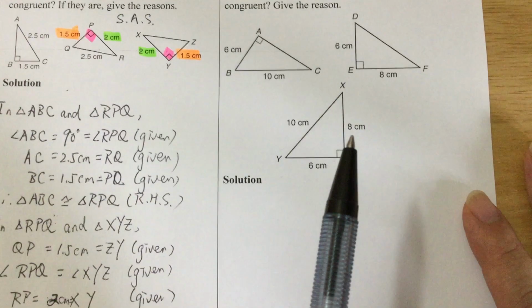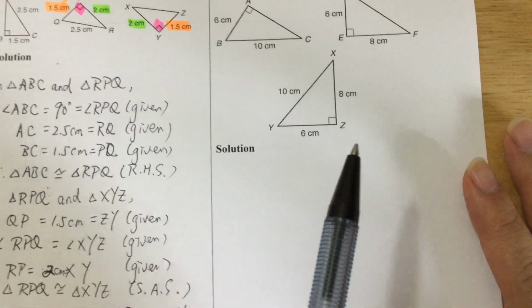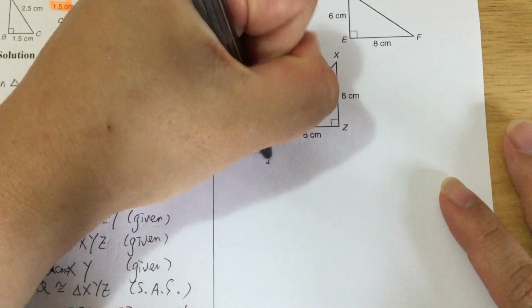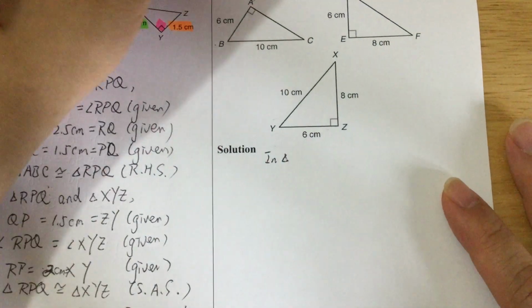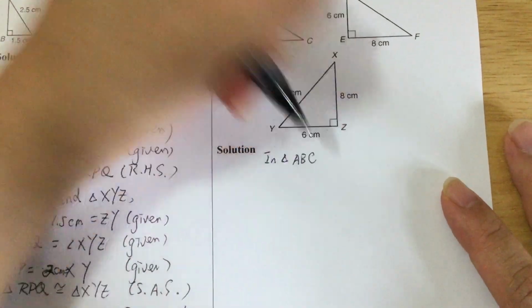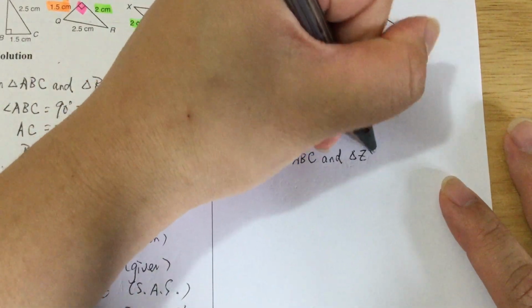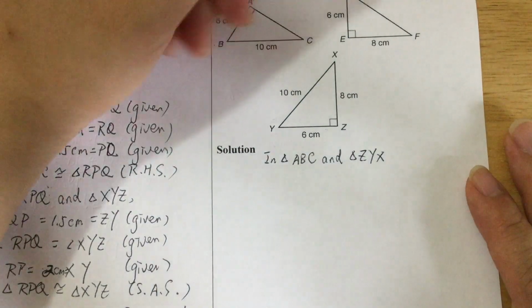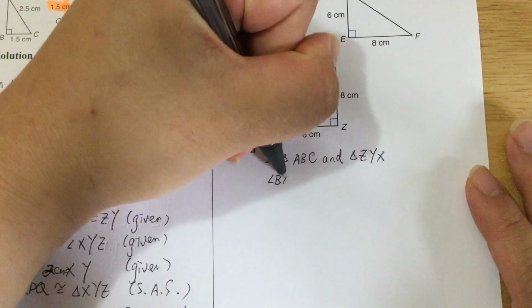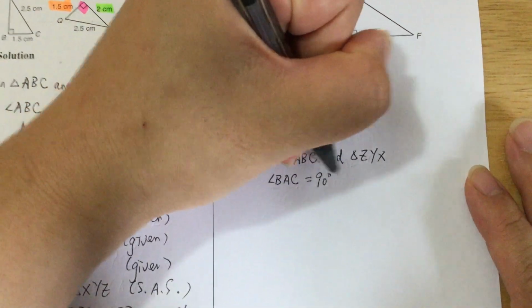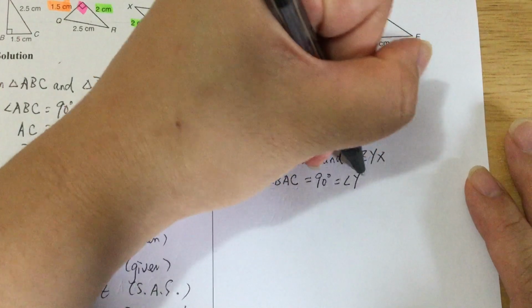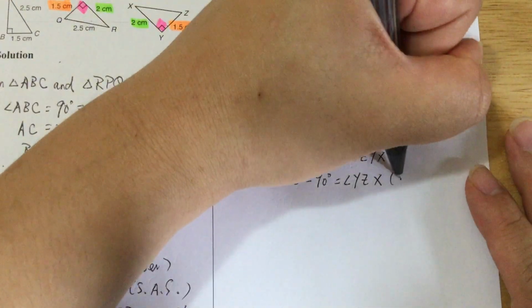So let us do it now. Okay, let's do it one by one. We go to RHS first. In triangle ABC and triangle ZYX, okay, RHS first. So this one, angle BAC is equal to 90 degrees is equal to angle YZX, given.